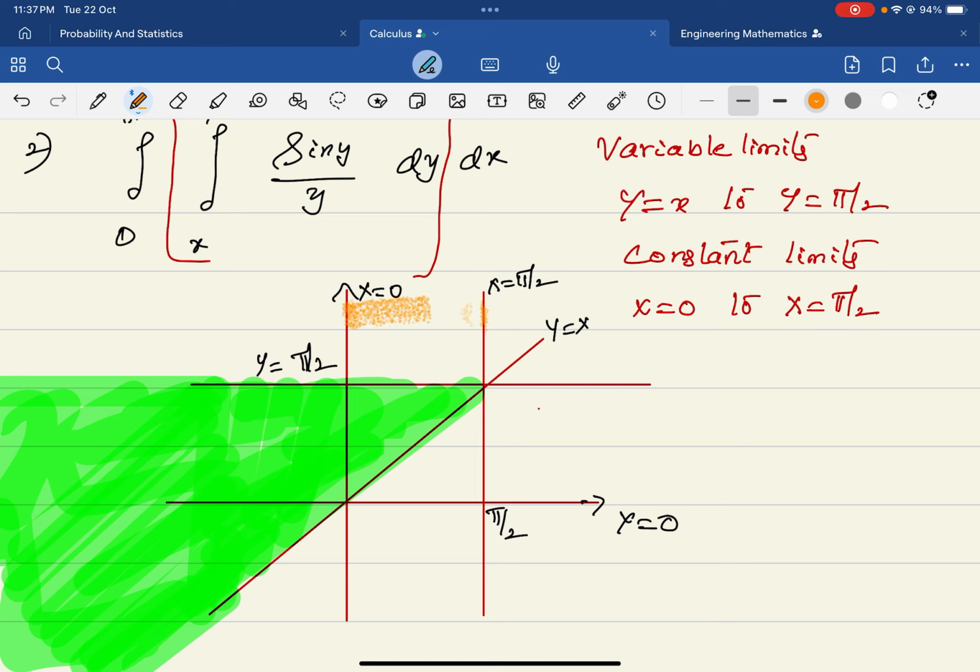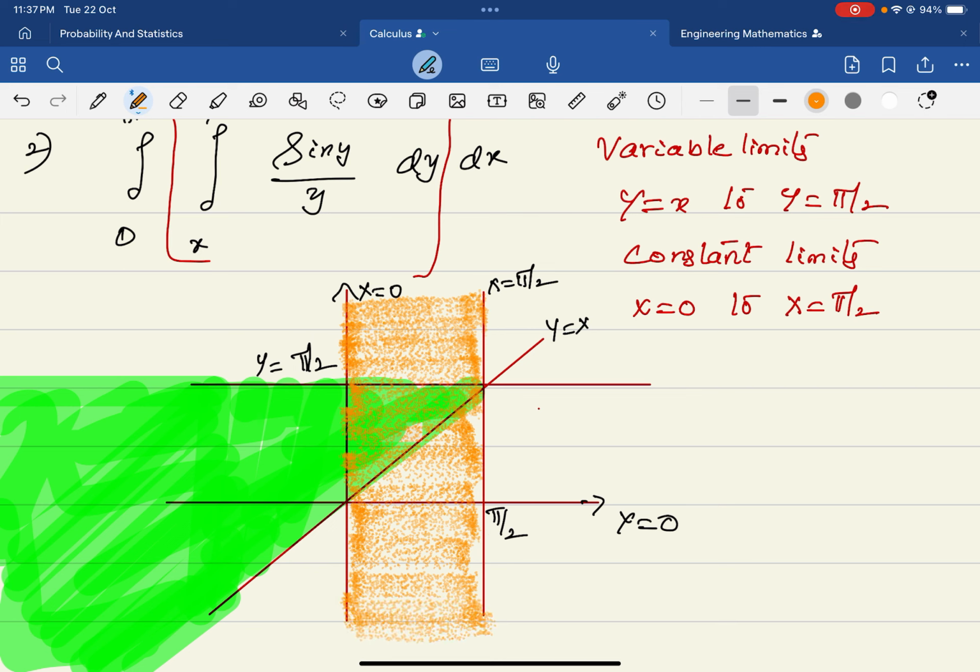This is the straight line. So from x equal to 0 to x equal to pi by 2, what is the region here? This is the whole infinite region. But where you have to get the boundary is nothing but the intersection region. This is the portion for the intersection. I hope you could understand.